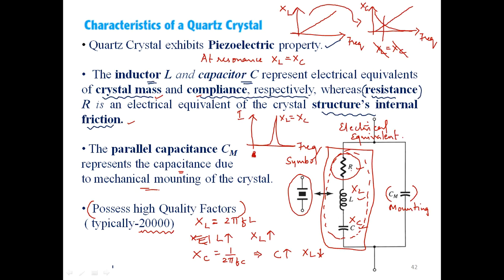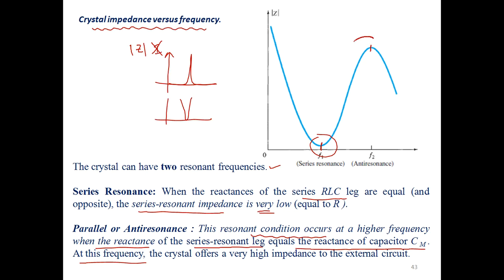Never did we consider the effect of the parallel Cm, the mounting capacitance. Now when this mounting capacitance gets introduced, we get another resonance, called anti-resonance.